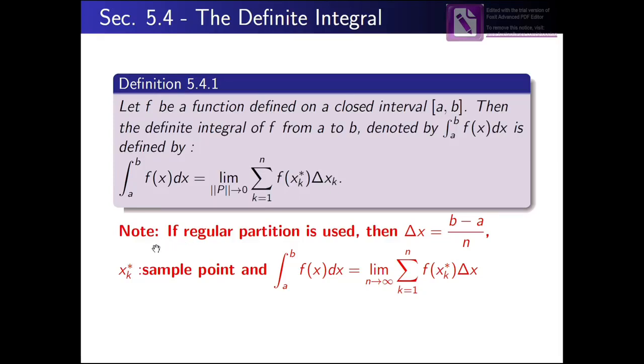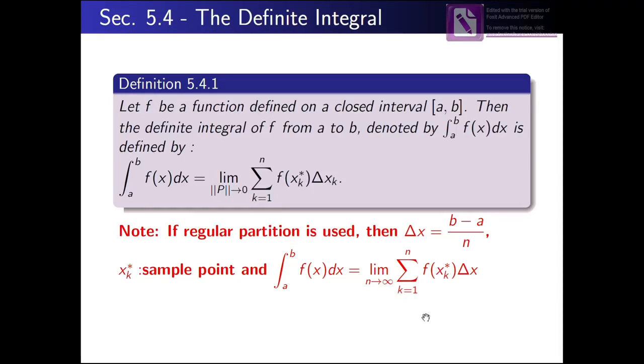Here we have a note: if a regular partition is used, then delta x is equal to (b minus a) over n. Here x_k star is the sample point, and the integral of f(x) from a to b is given by the limit of the summation of f(x_k star) delta x when n approaches infinity. Here you see the norm of P approaches 0, and here n approaches infinity.